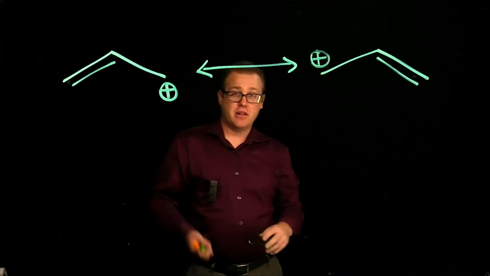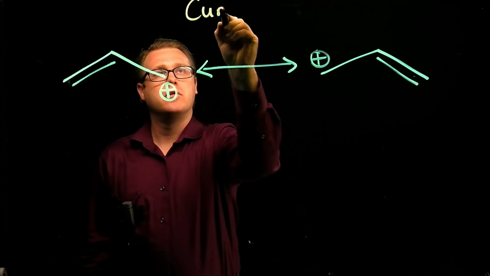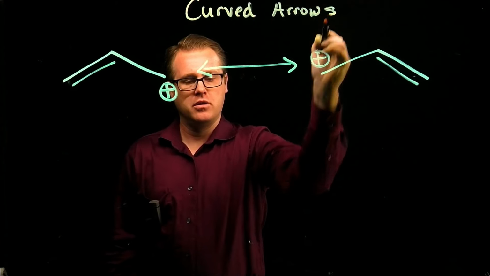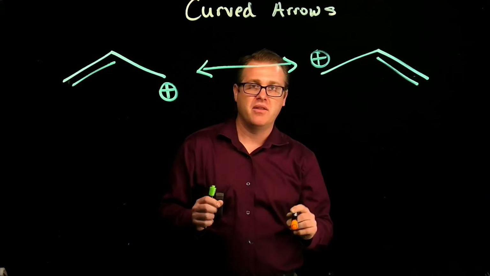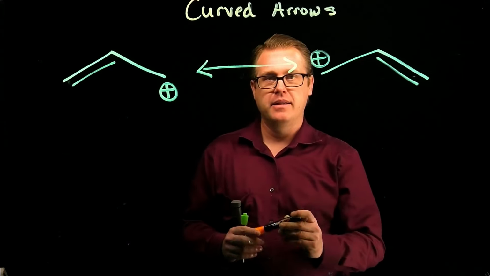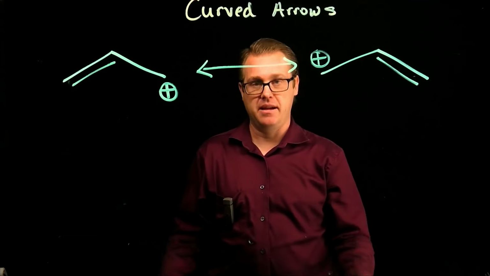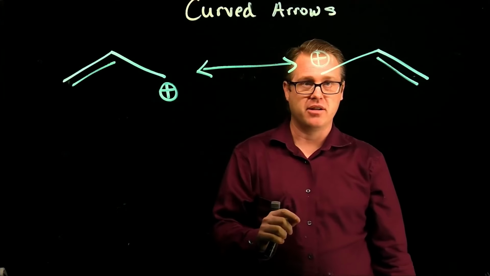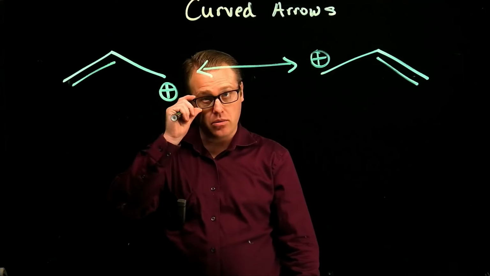Now we have another set of arrows called curved arrows. Curved arrows show you the movement of electrons. Now, that is a very, very simple statement. It only shows you the movement of electrons. It does not show you where atoms go.